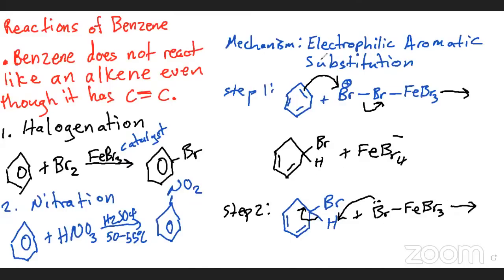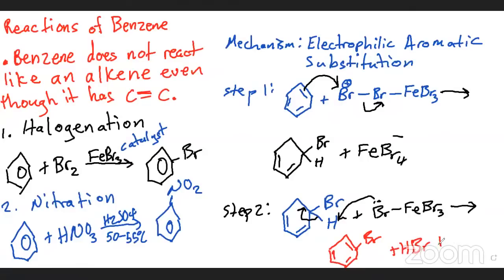If you do that, what you will end up with is that the ring is reformed or completed back with the set of pi electrons. And the bromine is still on it. You get that plus HBr, because remember, the bromine took off a hydrogen.